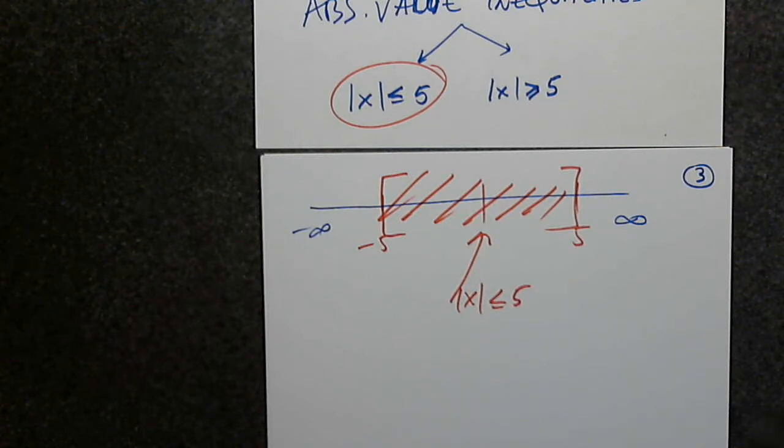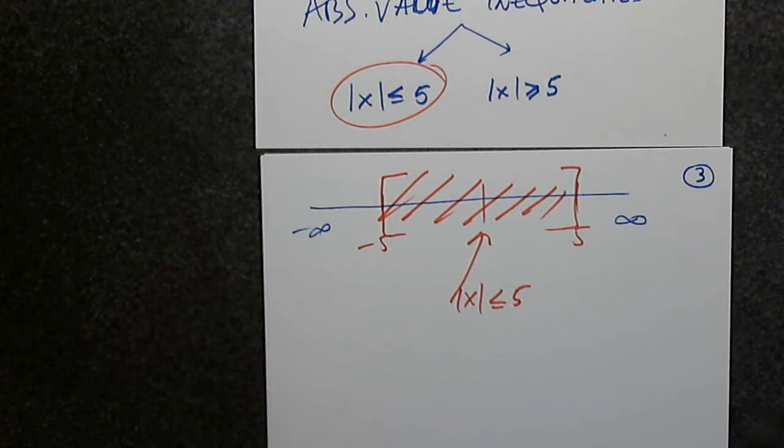You cannot include what is already taken. What is already taken is taken. So that cannot be part of something else. If it's less than 5, it cannot also be greater than 5. So what is taken, you cannot touch.